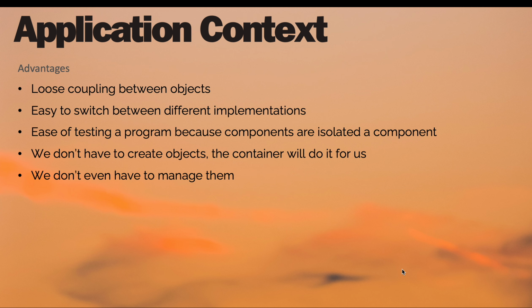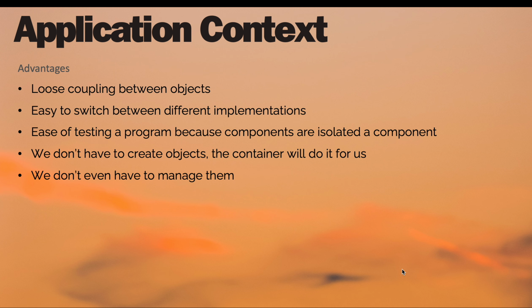Then we can easily switch implementations, because an object is not creating dependencies itself, it's receiving them from outside, which means we can easily give that object different dependencies. Another thing is, when we test our application, because of all this dependency injection, we can easily test those components because they're isolated and independent from one another.